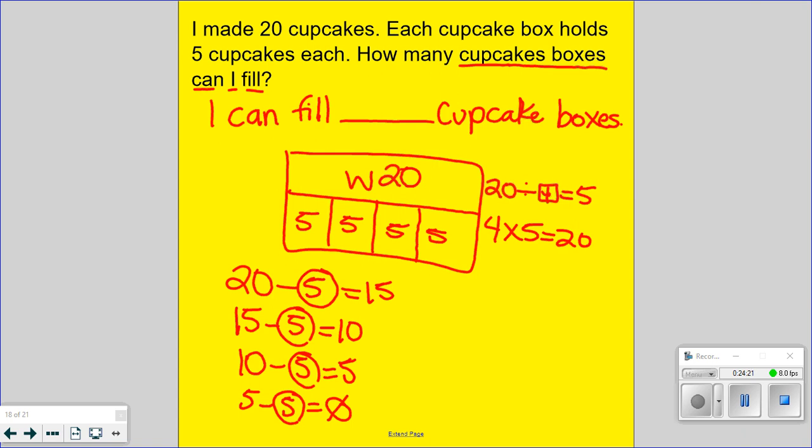So if 20 divided by 4 is 5, then 4 times 5 is 20, because we've got groups. 20 put into 4 groups is 5 in each group. 4 groups of 5, it's the same words. I've just put them in a different order. Is worth 20.